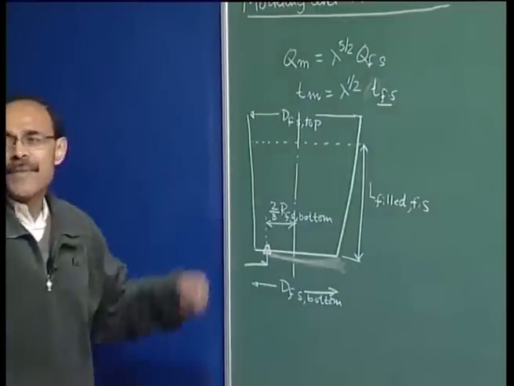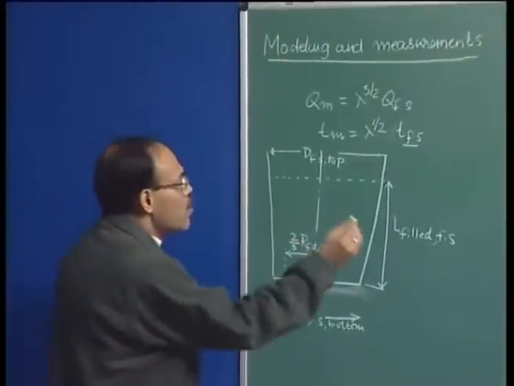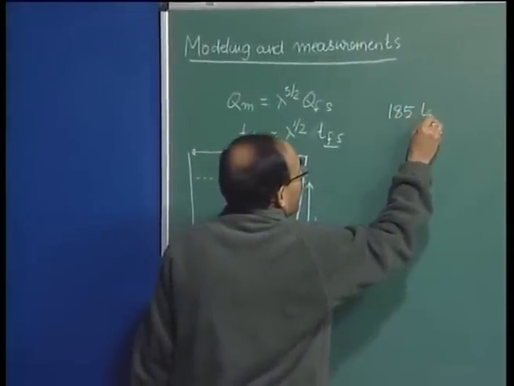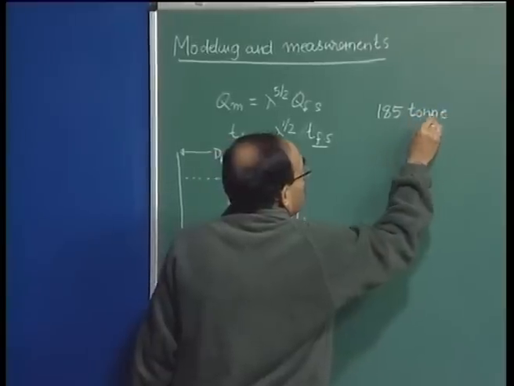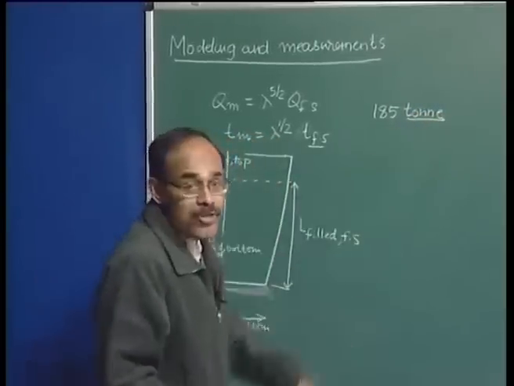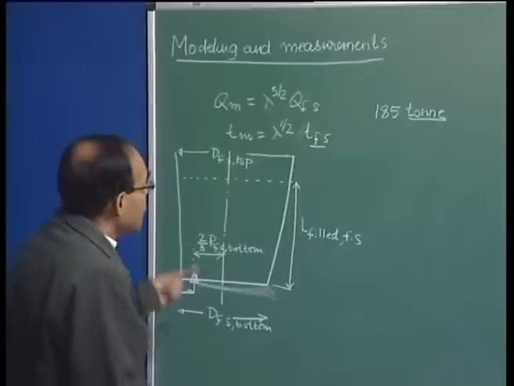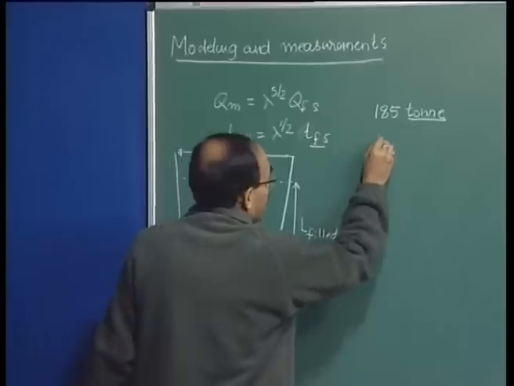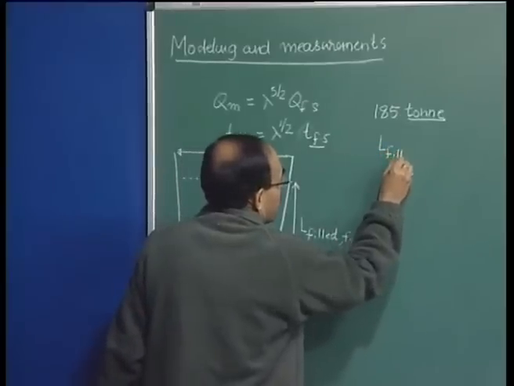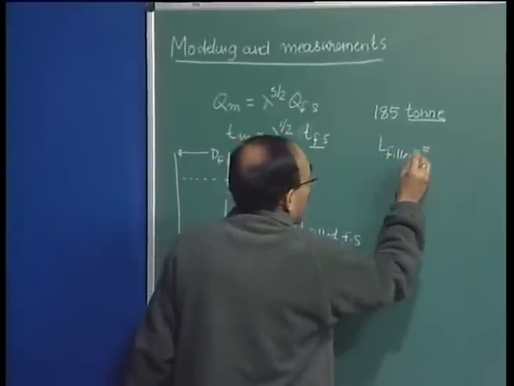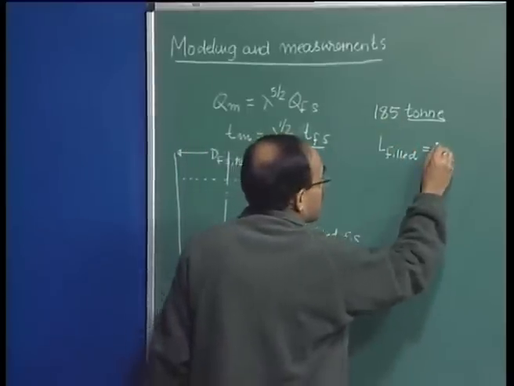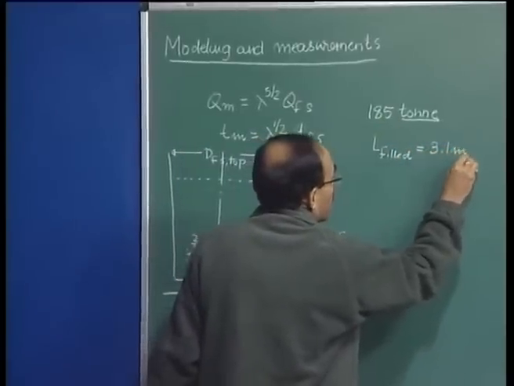Let us ascribe some typical characteristic values. Let this ladle be 185 ton. This is the metric ton, 1000 kg size ladle, and let me see if I can give the values. So, L filled, let us say, and this is the full scale system, and I am saying this is about 3.1 meter.